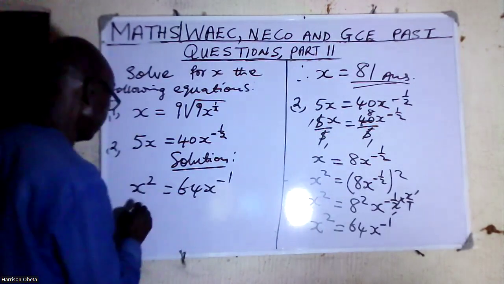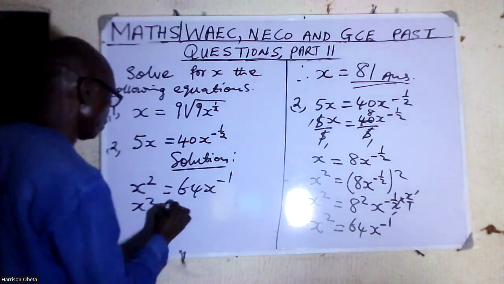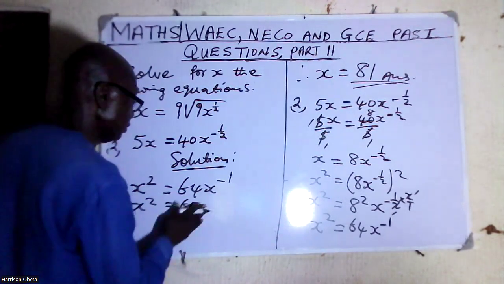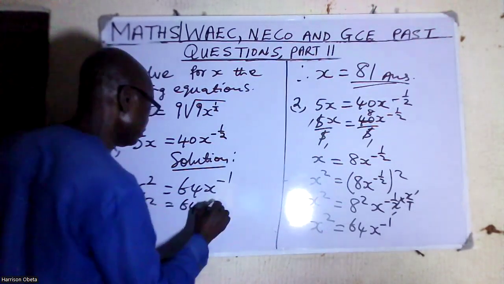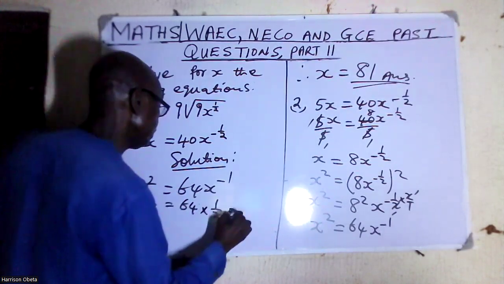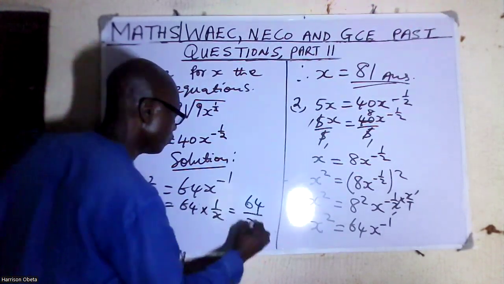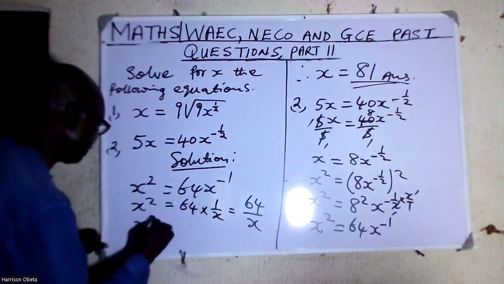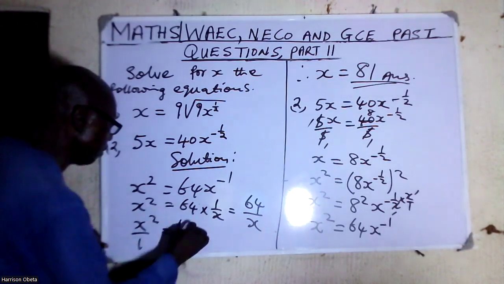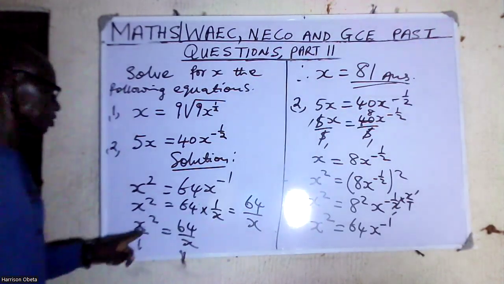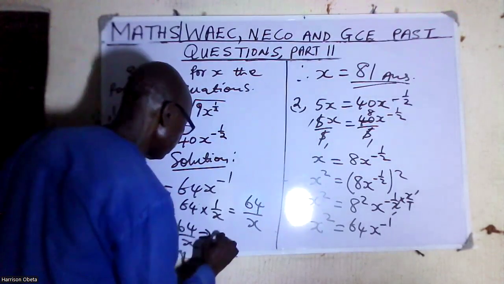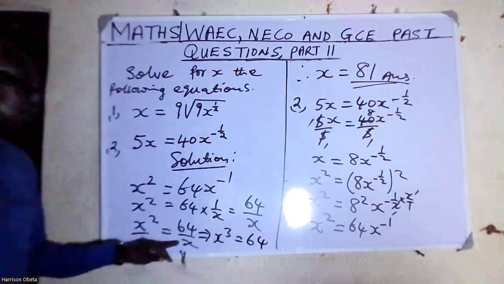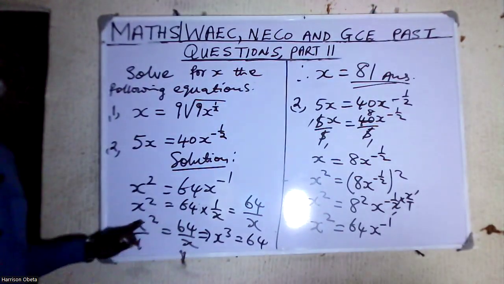But this can be written as x raised to the power 2 equal to 64 times 1 over x, which is something as 64 over x. So if x raised to the power 2 over 1 is 64 over x, you cross and multiply, and that will give us x raised to the power 3 is equal to 64.